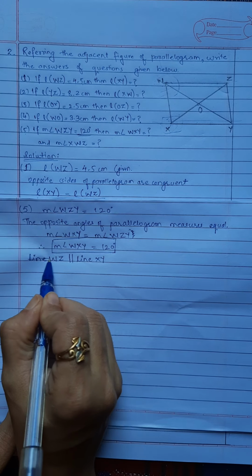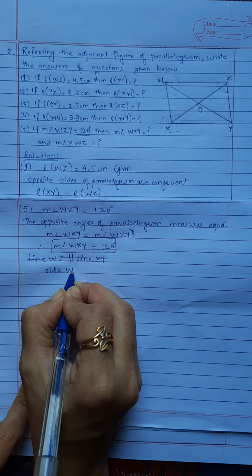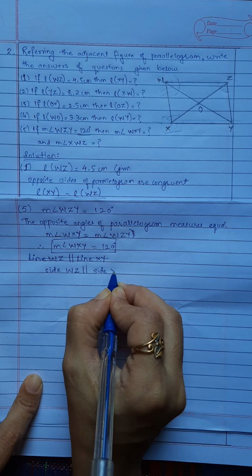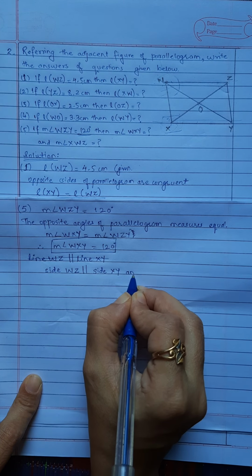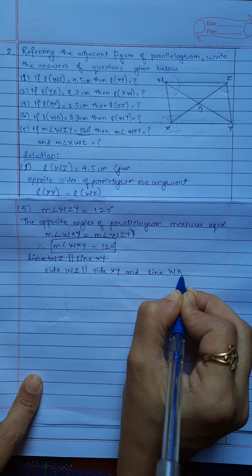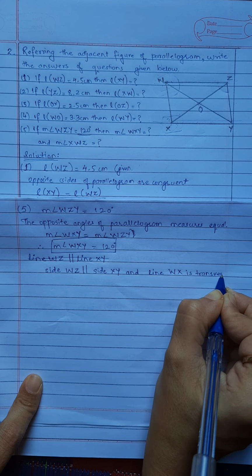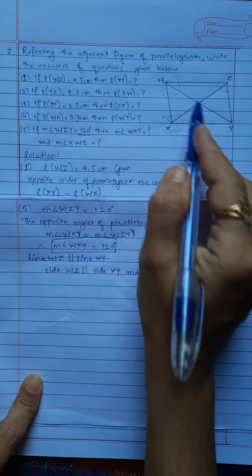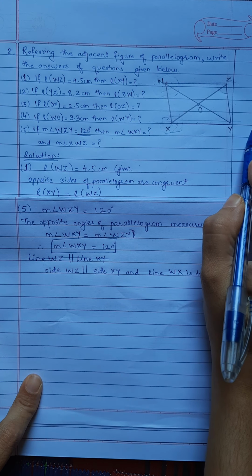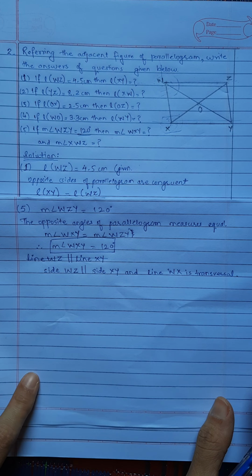The way to write this should be side WZ is parallel to side XY and line WX is transversal. Again I repeat, WZ side and XY side are parallel and WX line is transversal.